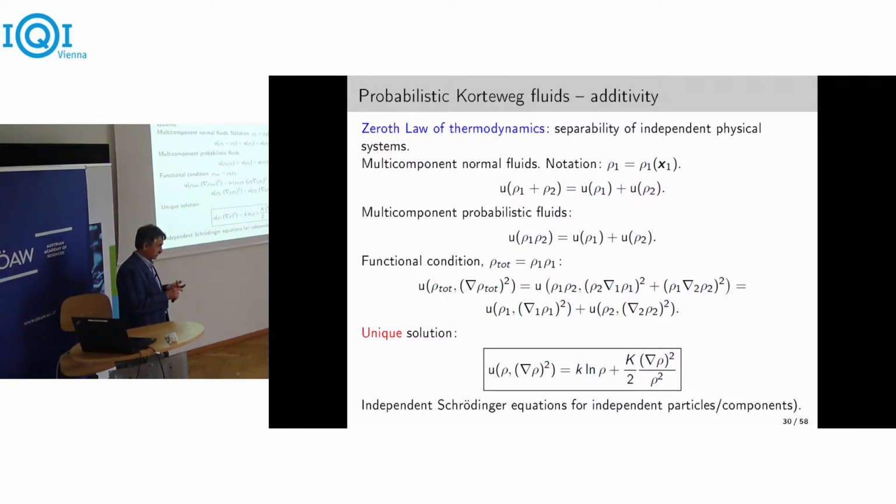But anyway, the logarithmic term somehow turns out to be useful for modeling the lambda transition in liquid helium, where the superfluids are valid. And still, those are additively separable.